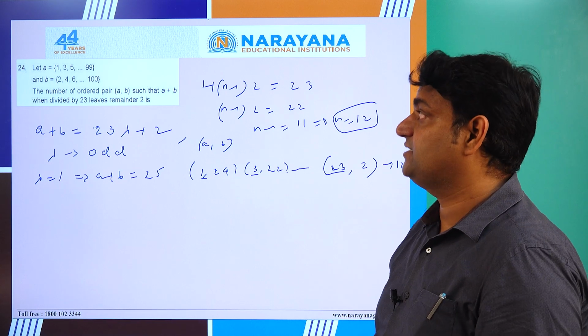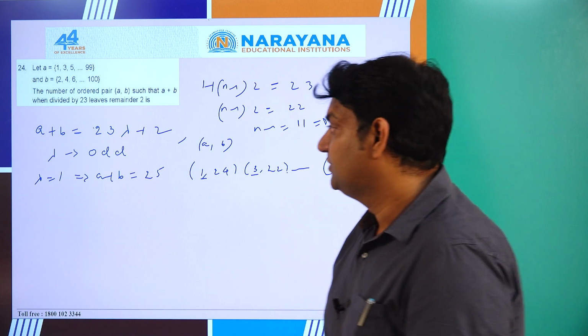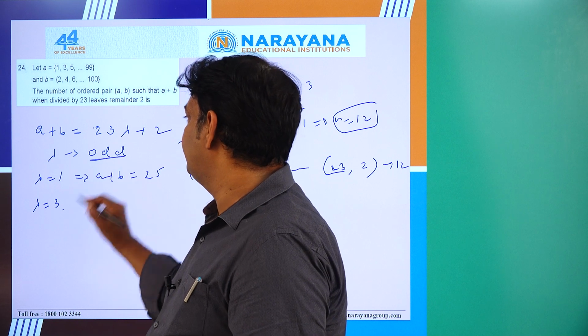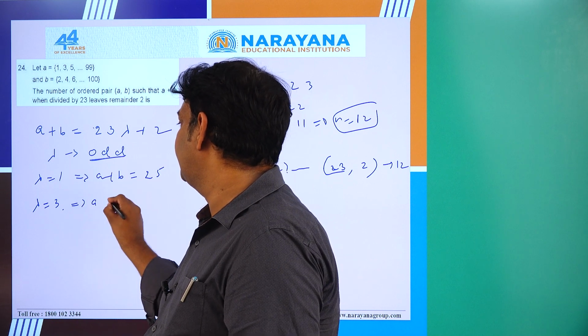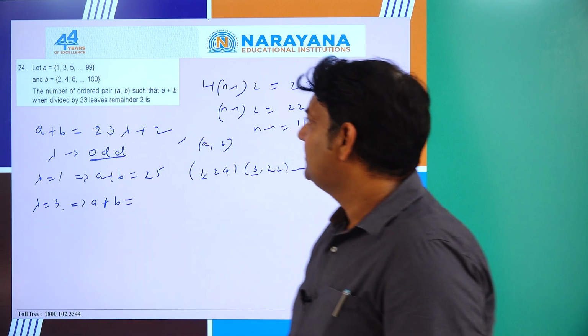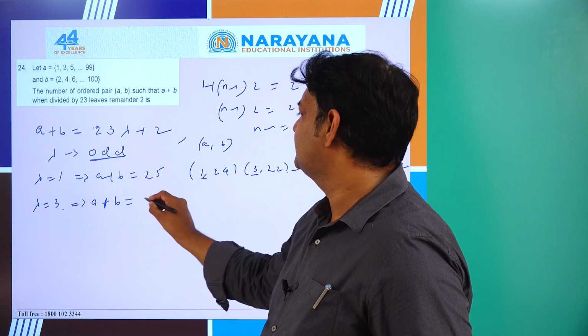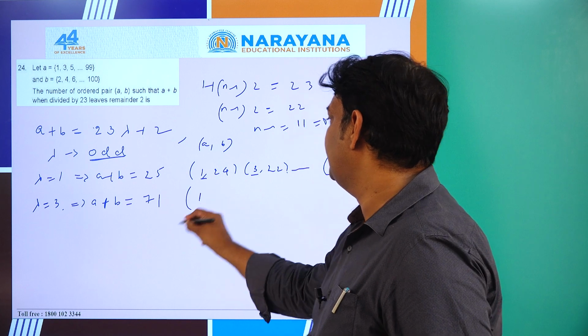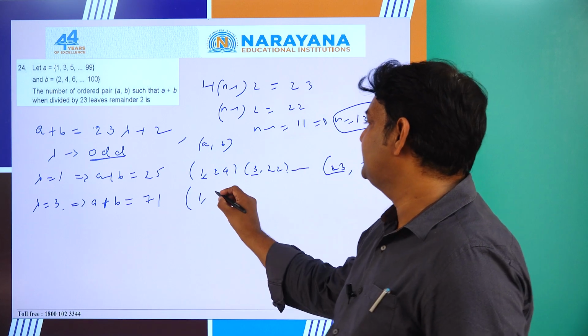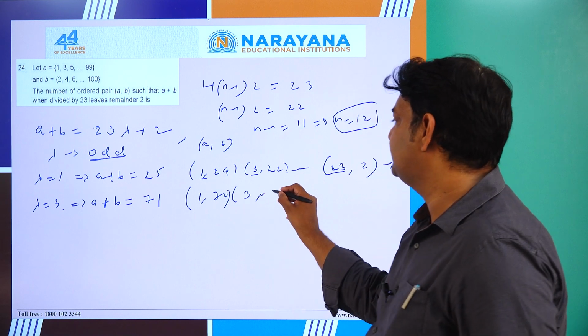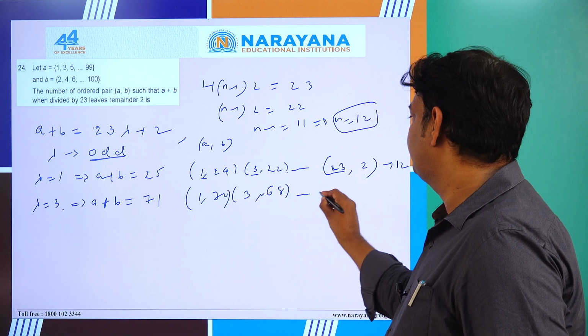So the thing is again easy but time taking. Similarly, you will go for lambda equal to 3, as I said, lambda must be odd. When lambda is 3, A plus B is 69 plus 2, 71. So A is 1, then B should be 70. A is 3, B is 68. Like this.